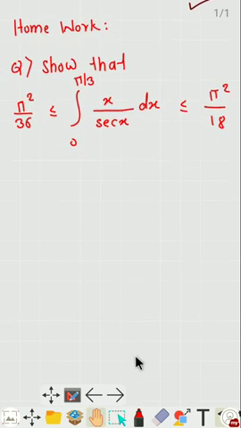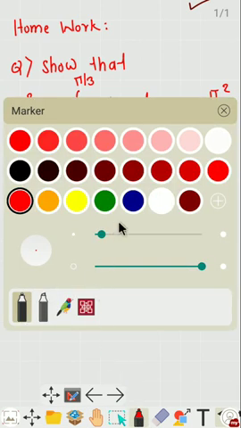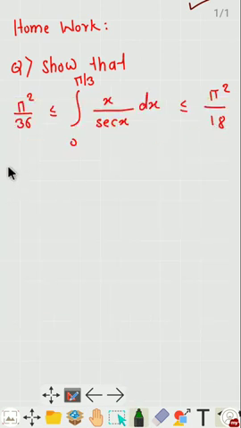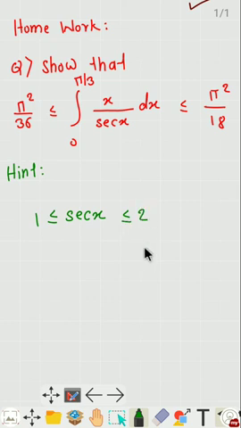To solve this problem I would like to give one hint for you. The hint is that the sec x function is always greater than or equal to 1 and less than or equal to 2, for all x belonging to the closed interval 0 comma pi by 3.